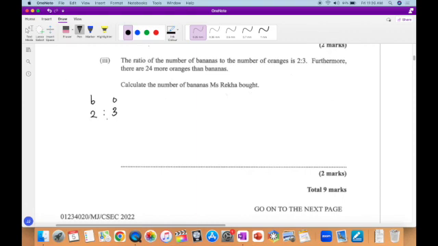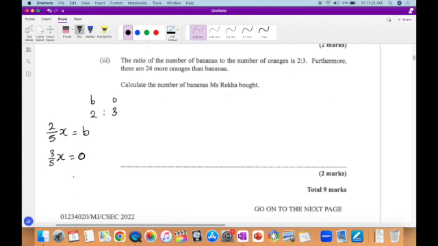So that would mean, because 2 plus 3 is 5, the total is 5, and out of the 5, 2/5 of the total amount, let's call X the total amount, is the number of bananas that we have. And 3/5 of the total amount is the number of oranges.